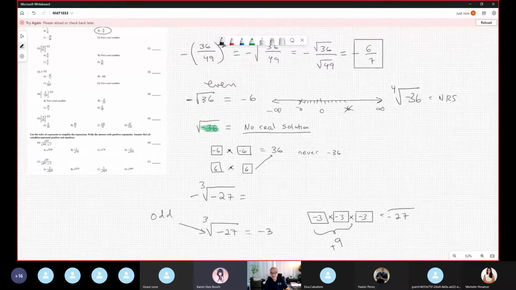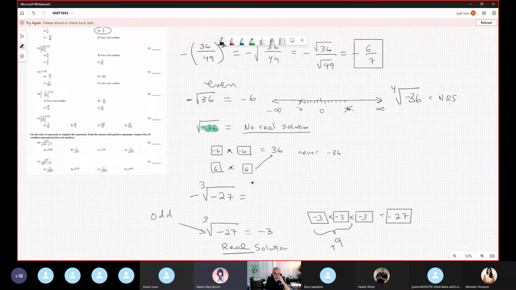It's exactly the number inside. So it exists, it's real. This is important: when the index is odd, it doesn't matter whether the number inside the radical is positive or negative, we have a real solution. The only picky root is the even one, not the odd.